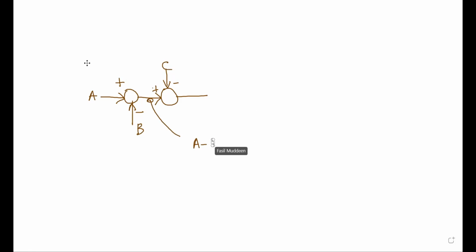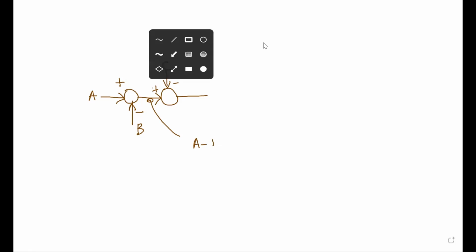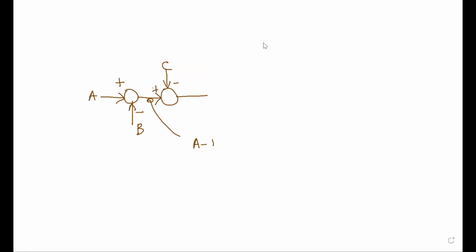Right. The point coming out here is A minus B here, and then at this point here, it is A minus B minus C. Now I could do this in any order.